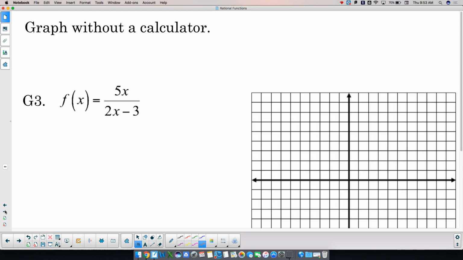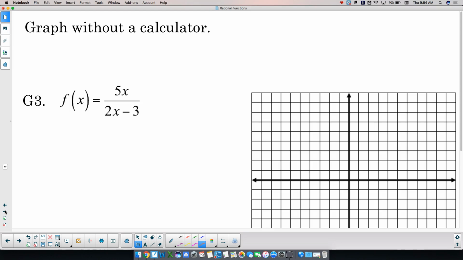And then I have this yellow worksheet, which will be due next week Friday. Okay, not tomorrow, next week Friday. But the graph number 3, I want you to do before tomorrow.